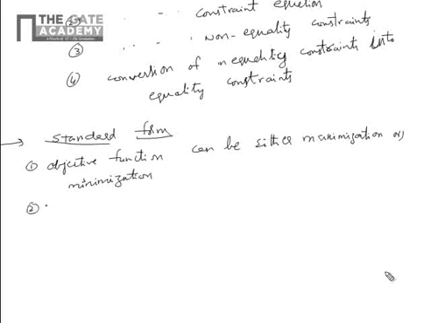Second rule: all the constraints have to be equations. Instead of inequalities, you need to have equality.